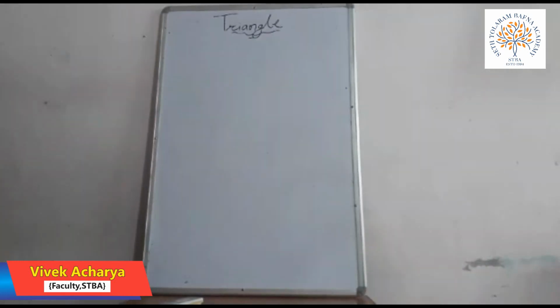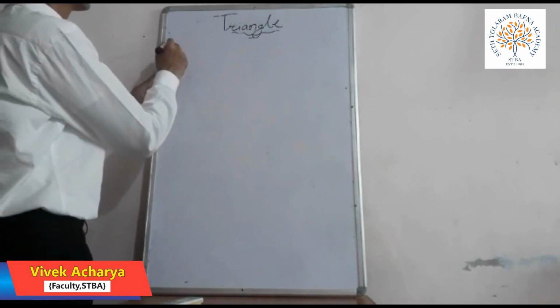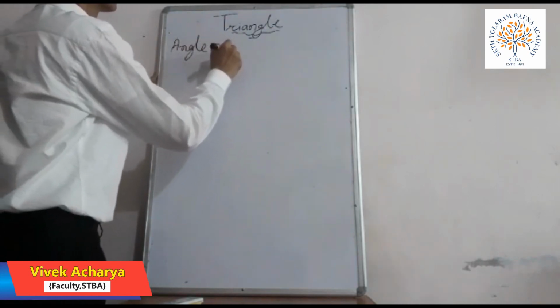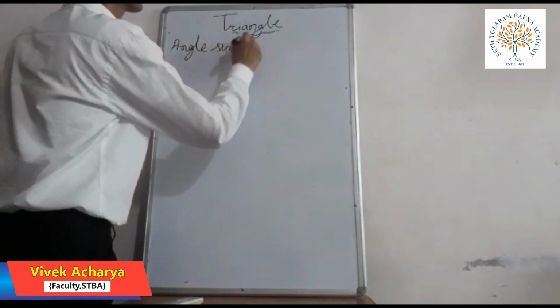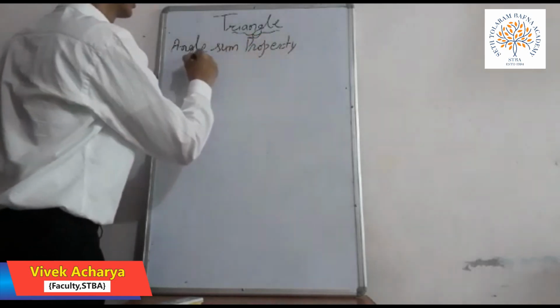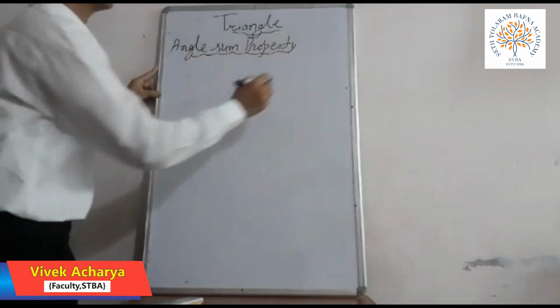So we are going to understand now two properties. These are the angle sum property and the exterior angle property. So first I am going to explain to you the angle sum property of a triangle. Angle sum property. This is the first property, angle sum property.